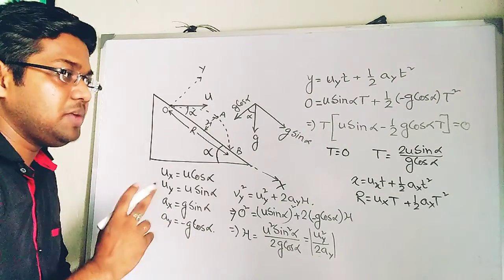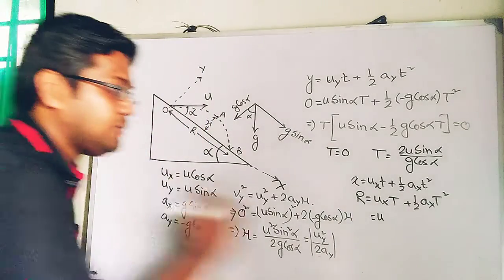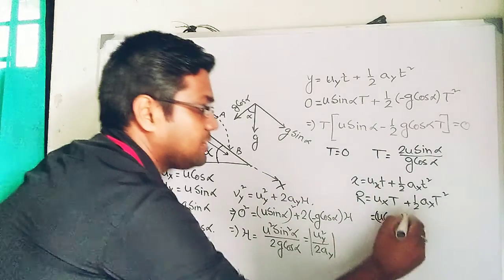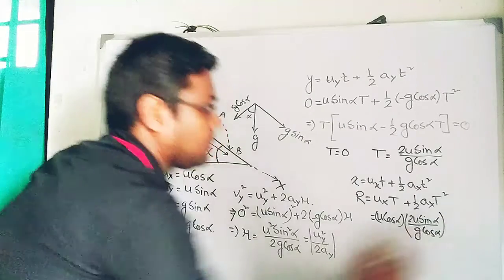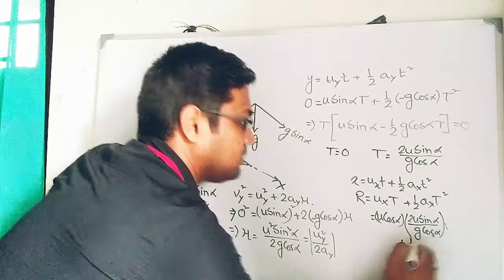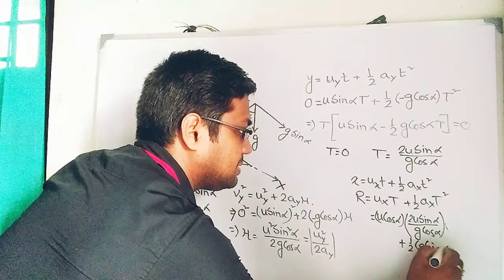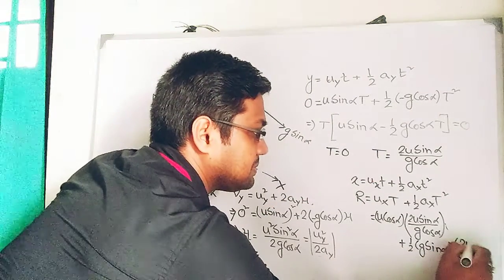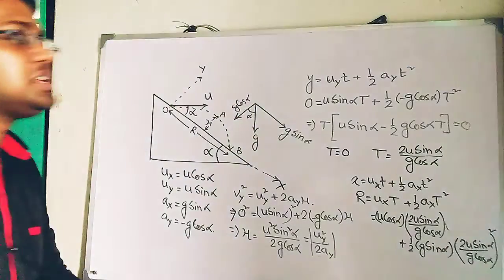So if I put the values of ux, which is u cos alpha, capital T, which is 2u sin alpha divided by g cos alpha, and after that 1 by 2, ax, which is g sin alpha, and capital T, which is 2u sin alpha divided by g cos alpha, this will be the expression.